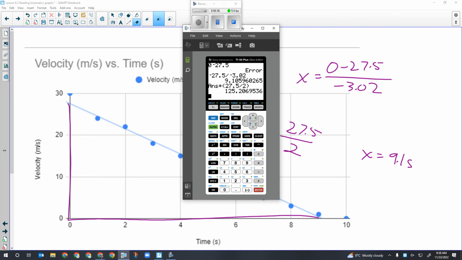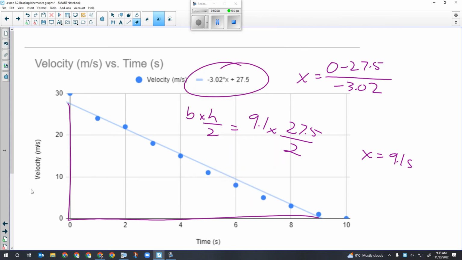So 125 meters. Are those kind of things I might ask you to do? They are, but don't worry, we're going to spend lots of time on this. Graphing is important. We're going to spend lots of time on graphs.